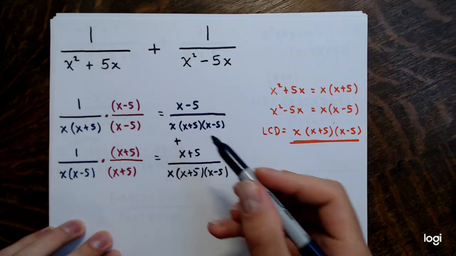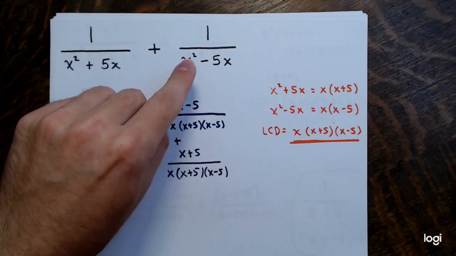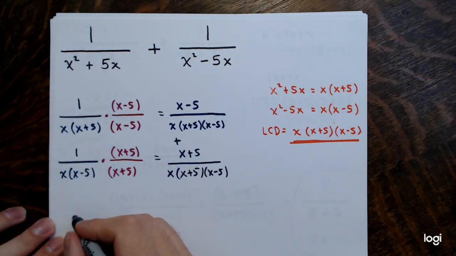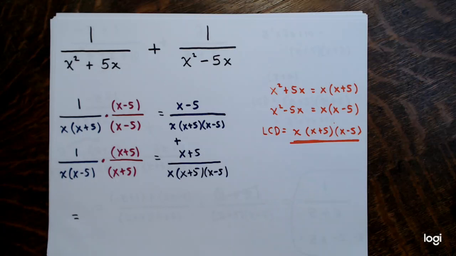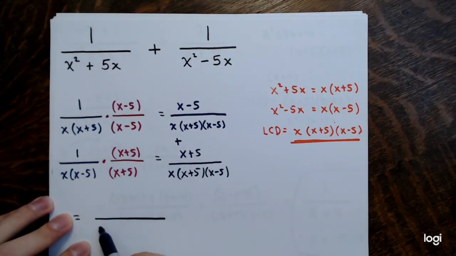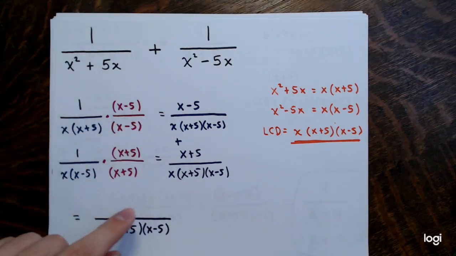Right, then we're adding these, right? So this fraction is now that fraction, and we are adding them. But now that I'm adding them, and they have the same denominator, that denominator will be the denominator of the sum. So x times x plus 5 times x minus 5 is the denominator of the sum. And I'm not going to do it this time. I'm going to kind of skip ahead.